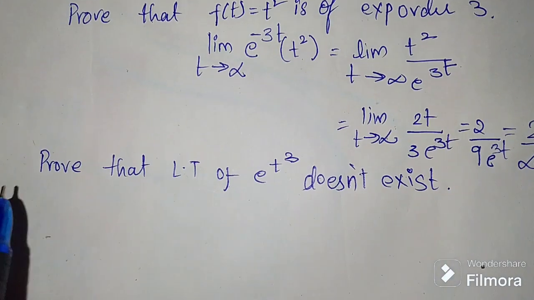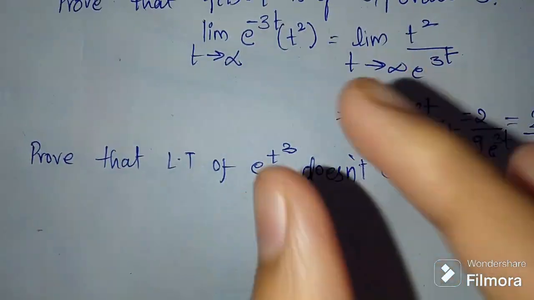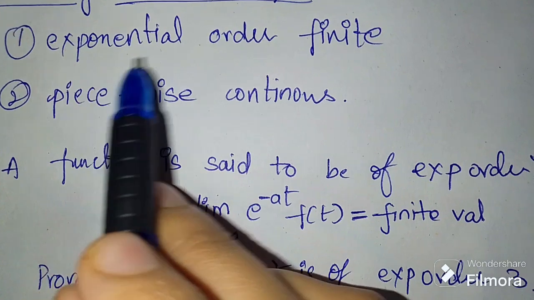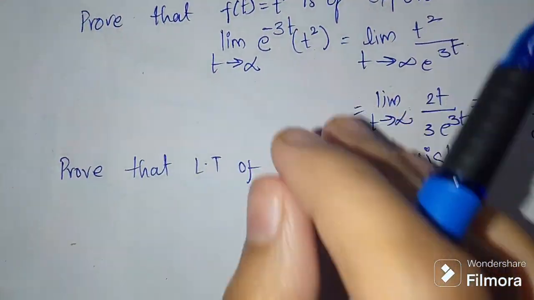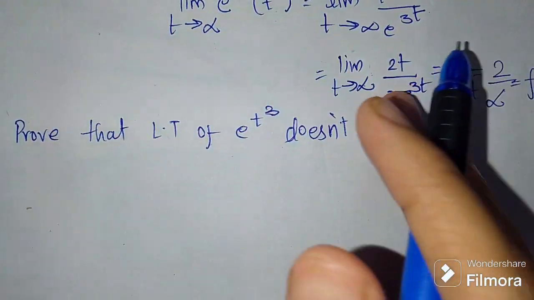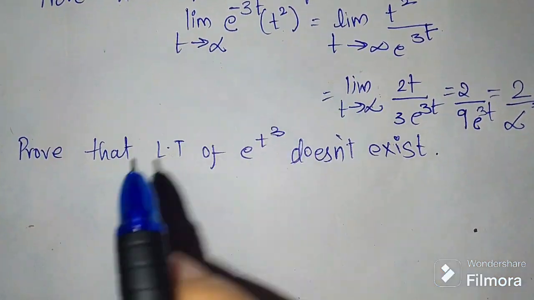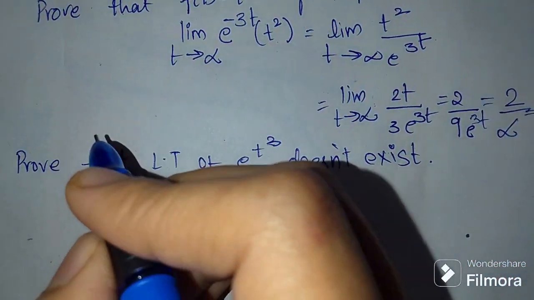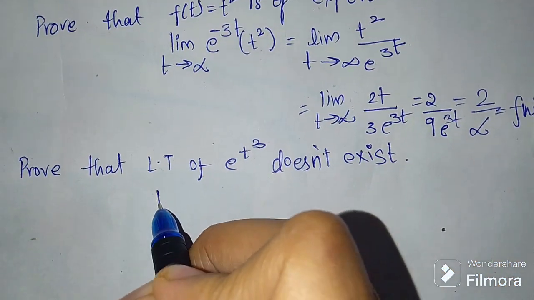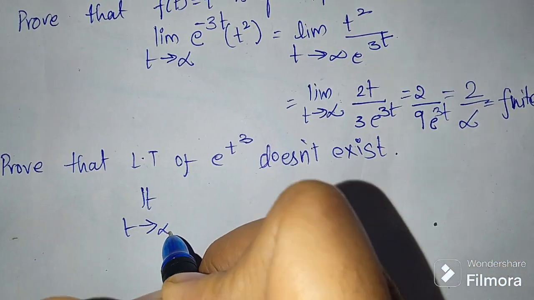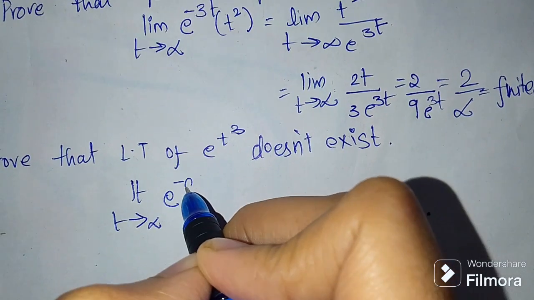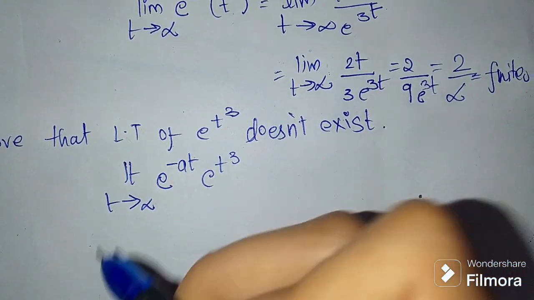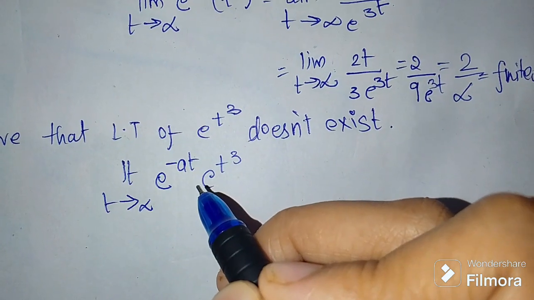See this question. Prove that the Laplace transform of this particular function doesn't exist. What did I say? The necessary condition is that exponential order should be finite. So let's see whether the exponential order is finite or infinite. Based on that, we can say whether the Laplace transform of this function exists or not. How do we find the exponential order? We apply limit t tends to infinity of e power minus at times f of t. Here we don't know the exponential order, we are finding it, so I took it as a.